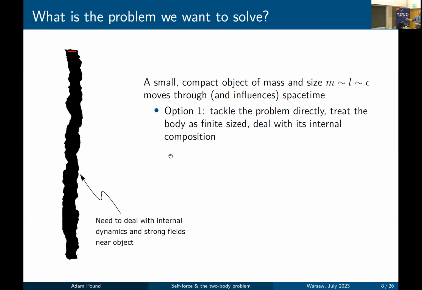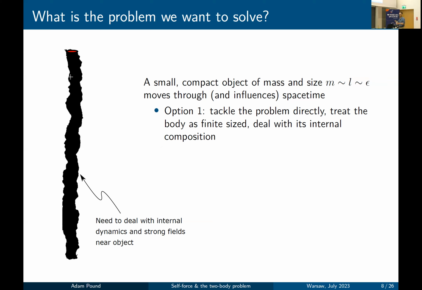So here is some blob of either matter or whatever, it could be a black hole, moving up in time. How are we going to deal with it? Well, the naive approach, the first approach you might think of is just, okay, put a small body into Einstein equations, see what happens. So that's very complicated because you have to deal with whatever internal degrees of freedom the body has.